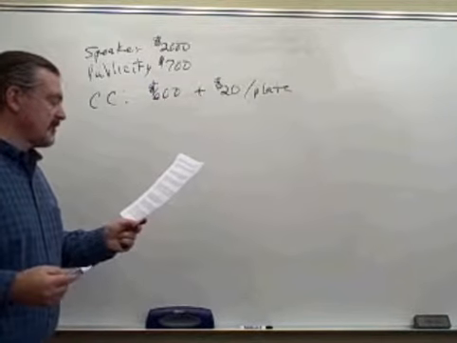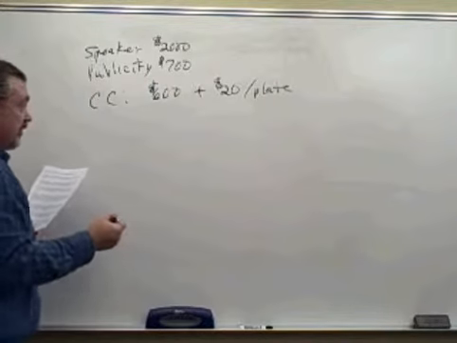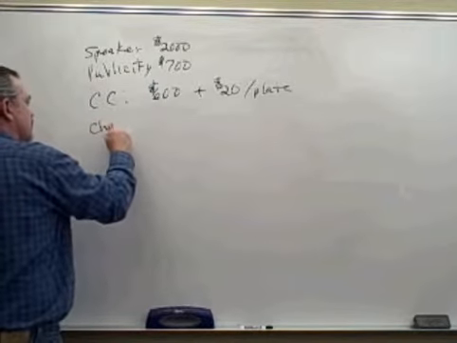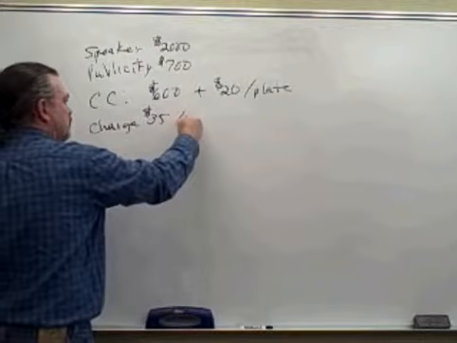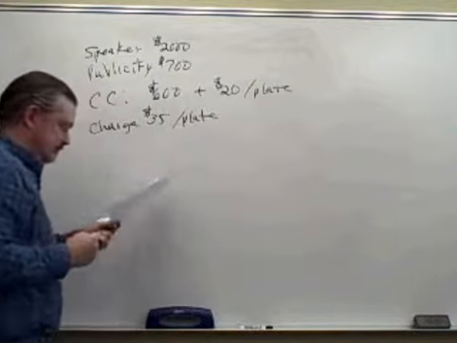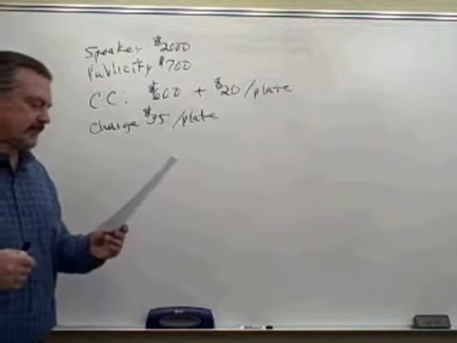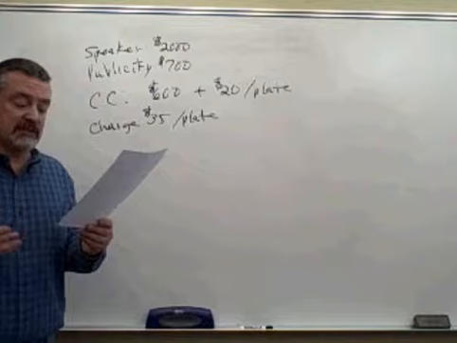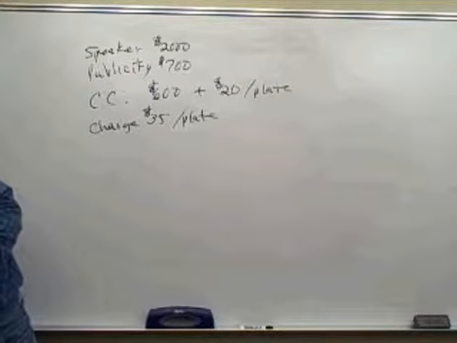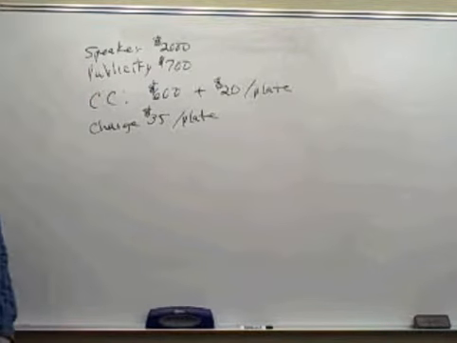The admission charge for the dinner is $35 per plate. So we're going to charge $35 per plate. How many tickets to the dinner must be sold to break even if the dinner is held at the convention center? All right, so let's answer that question first.